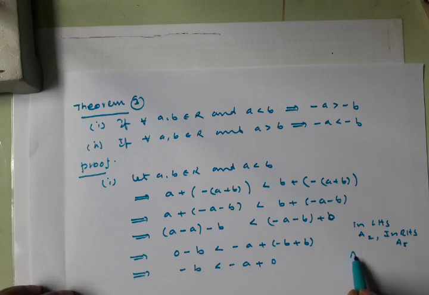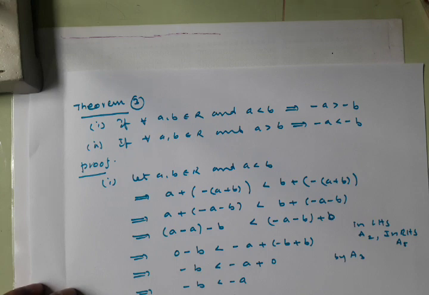These are all identities, A3. Implies minus b is less than minus a implies minus a is greater than minus b.